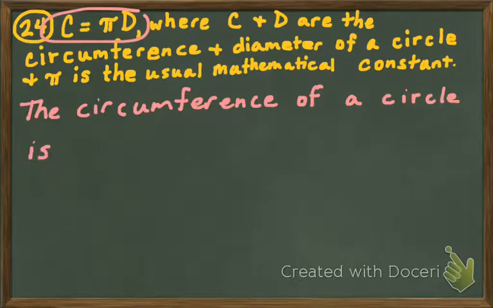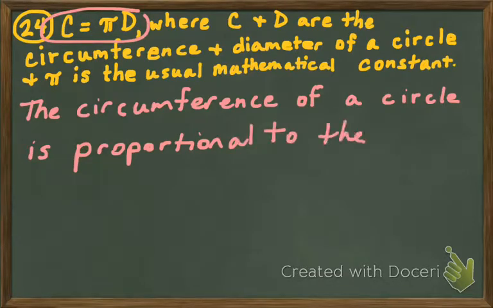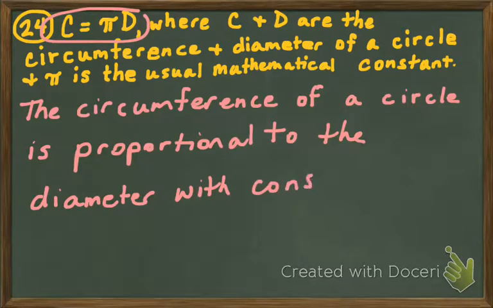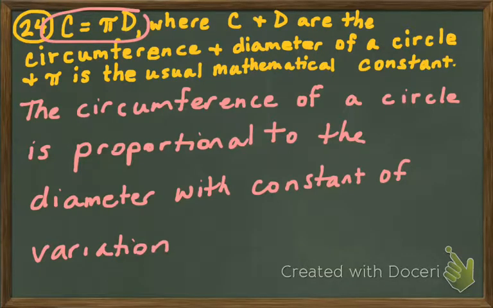is proportional to, so I can switch up my wording some, the diameter, okay, try that again, board lost touch with my hand there for a minute, the diameter with constant of variation pi.